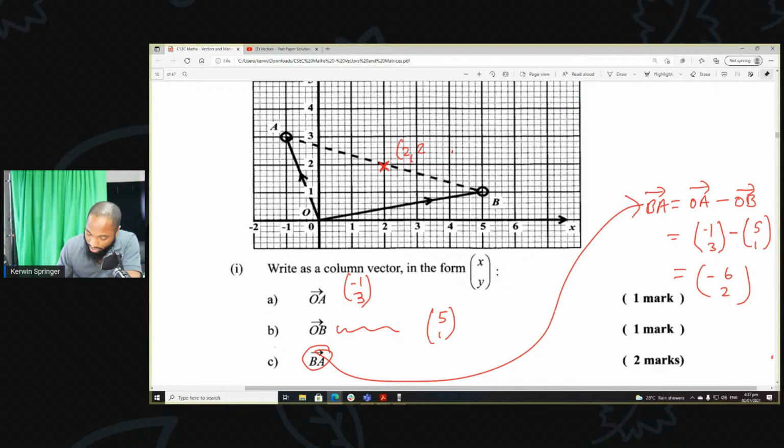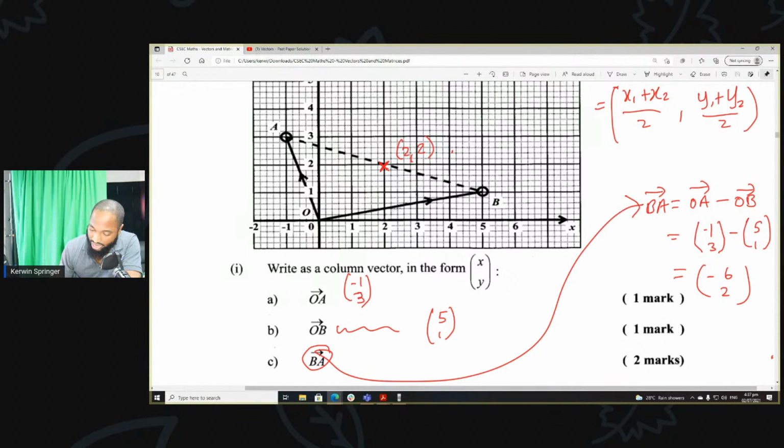The midpoint formula looks like this. X1 plus X2 over 2, Y1 plus Y2 over 2. I'm not writing too neat. I could fix this a little better. Y1 plus Y2 over 2.